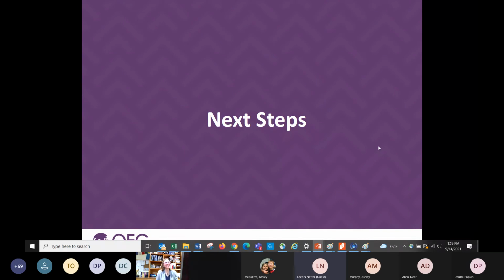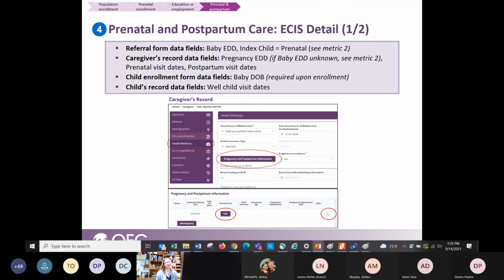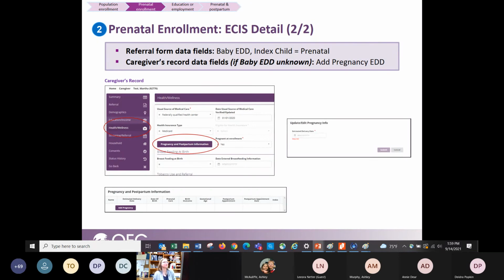There are two measures that look at whether the caregiver is prenatal. I believe it's measure 2, which looks at prenatal, almost like recruitment and enrollment, and then measure 4, which we were just talking about. Measure 2 is really looking at new enrollments after July 1. So if they were enrolled before July 1, they wouldn't qualify for measure 2.